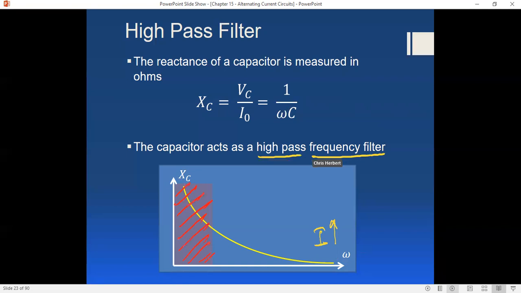What does that mean, high-pass frequency filter? It means it's going to get rid of the lower frequencies, and it's going to pass through the higher frequencies. Again, the reactance of a capacitor is 1 over omega C.